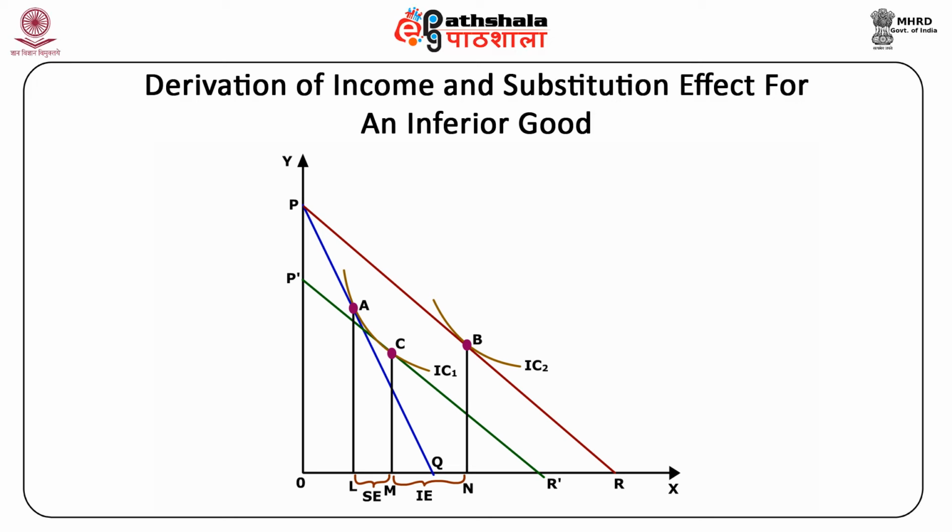As price of good X falls owing to the substitution effect, quantity demanded increases by LM, whereas owing to the income effect, quantity demanded is reduced by MN, but LM is greater than MN. Thus, when the price of an inferior good decreases, the quantity purchased increases, as substitution effect is greater than the income effect, satisfying the law of demand.